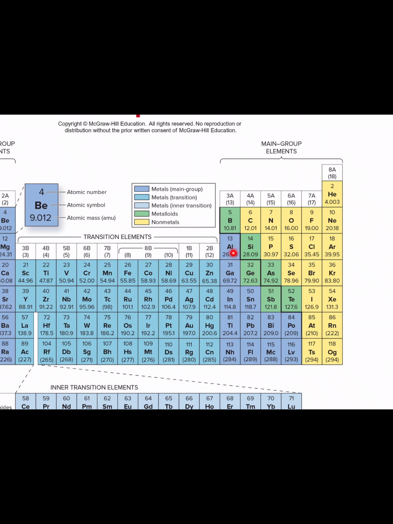And aluminum is a metal. Metals would lose electrons and form cations, meaning positively charged ions. So if aluminum loses 3 electrons, it's going to have only 10 electrons. And it would still have 13 protons. So what would be the charge of the aluminum if it loses 3 and becomes neon-like configuration?